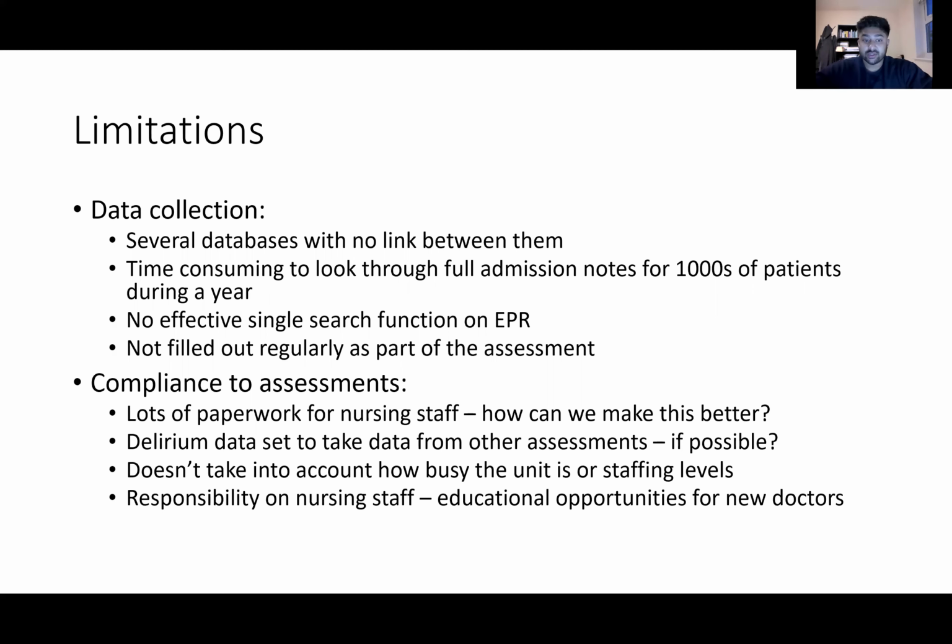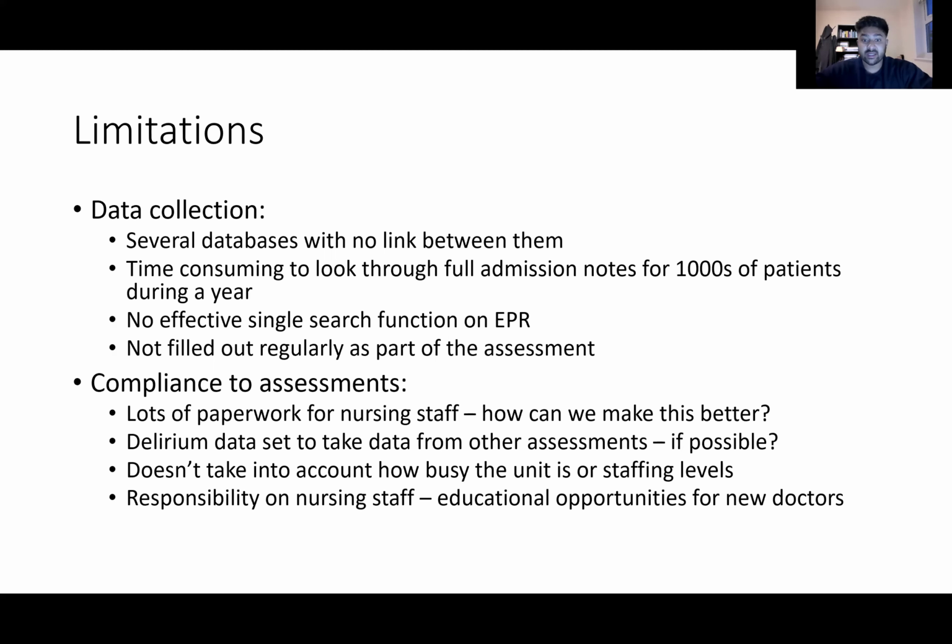The other thing I noted was, is it possible to take delirium data sets from other assessments? So this is where our medical colleagues can come in. There's twice daily reviews from the medical staff for all patients. So adding a CAM assessment into these reviews is not very time consuming, since you have to speak to the patients and assess them.